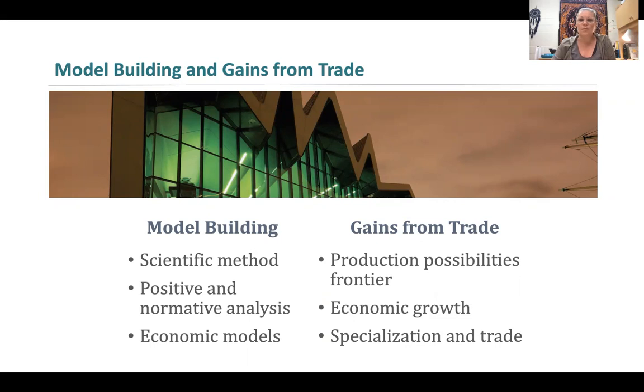And we'll also talk about how economists tend to lean towards positive analysis of these models rather than normative analysis. We will introduce our first model, the Production Possibilities Frontier, which helps us to see clearly how we gain from trade, how we can grow our economy, and how specialization will create greater well-being in our communities.